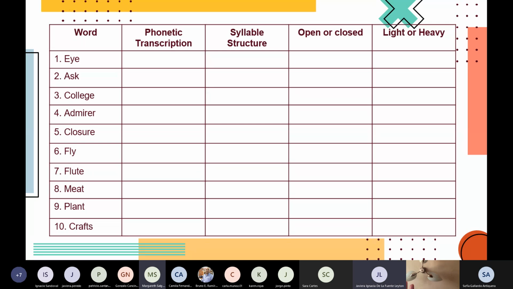And I have a question. Yes. So the diphthongs are considered as heavy? Yes. And I realized that it depends on the transcription, because if I transcribe the word into British English, it is different from American English, and that changes whether it is open or closed.